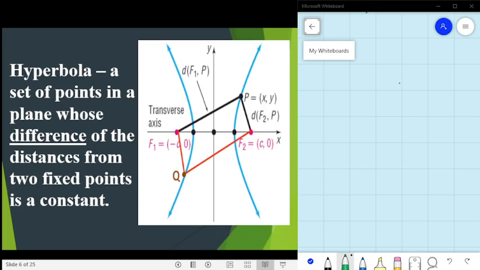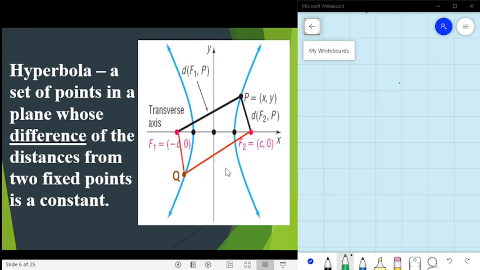So meaning, from each point on the hyperbola, say for example point P or point Q, the distances from this fixed point to the focus, one focus and another focus, the difference between them is equal to C. The difference is the distance from one focus to Q minus the distance from the other focus to Q. So it is the same.